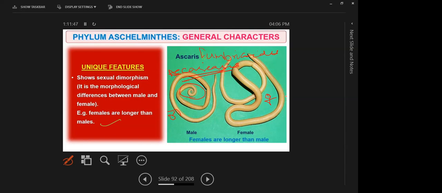It's not that only meat-eating people get it, even vegetarians get it. How? Through the vegetables, if you do not wash them thoroughly and you make salad and eat it, you are eating larvae along with that. The larvae will go into your body and start developing.